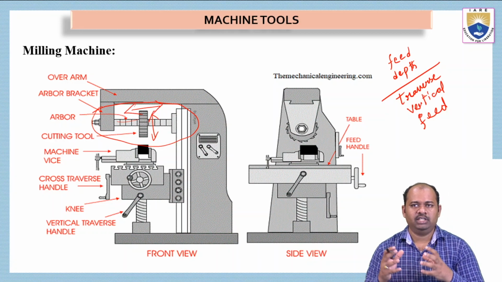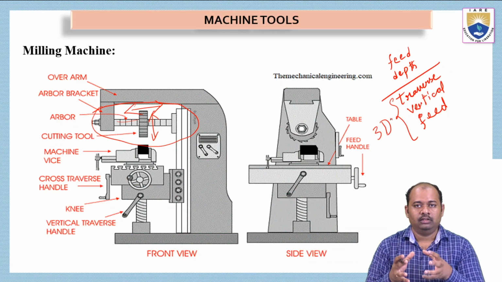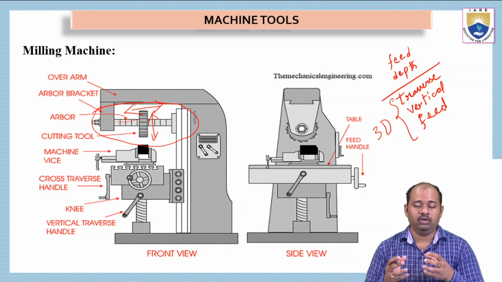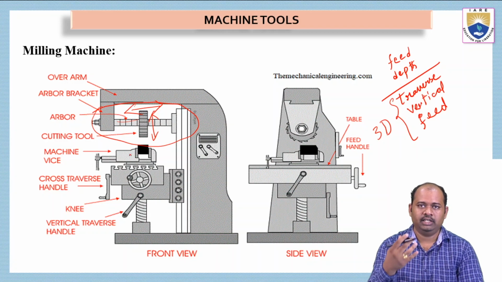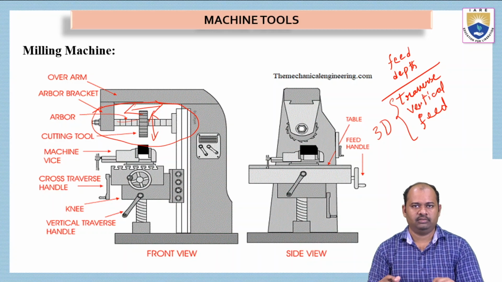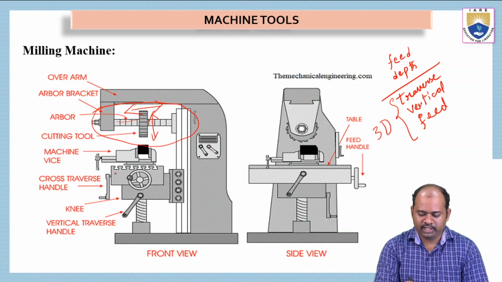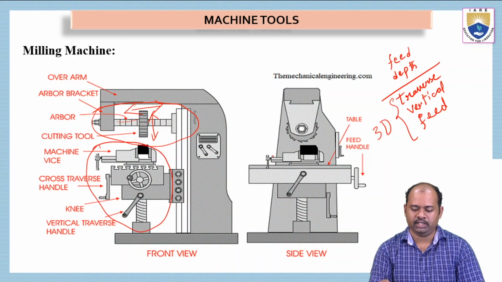The only thing which is movable, the only thing for which these three motions are possible, is the workpiece. The workpiece is attached on the table, which is in turn placed on the saddle, which is based on the base. This entire arrangement can move in all three directions.